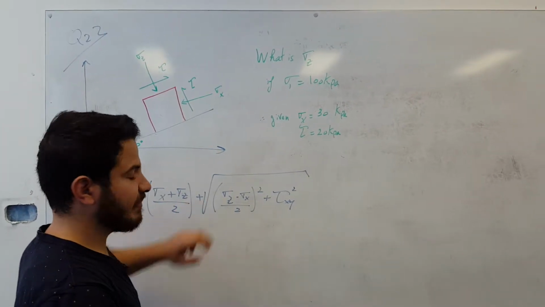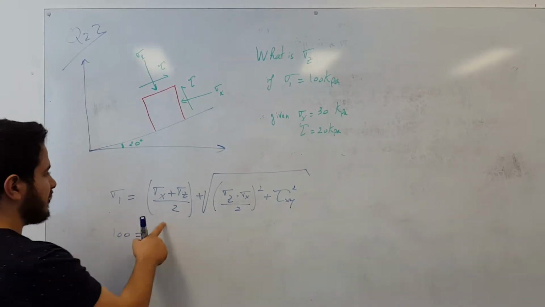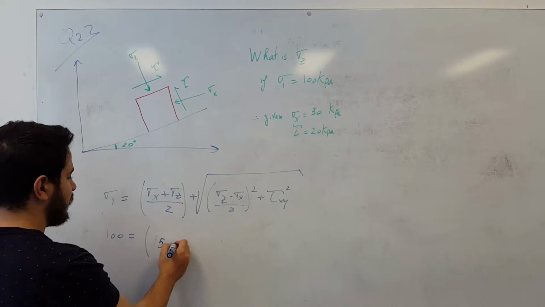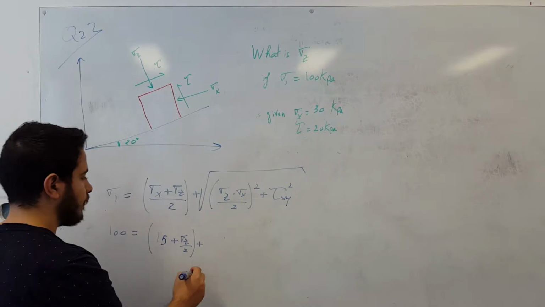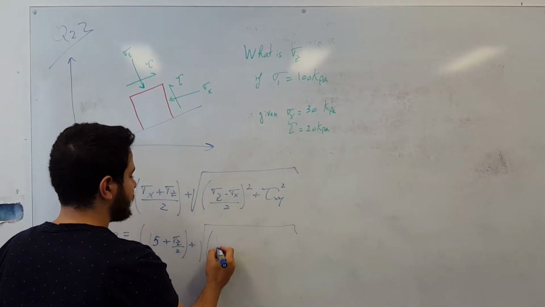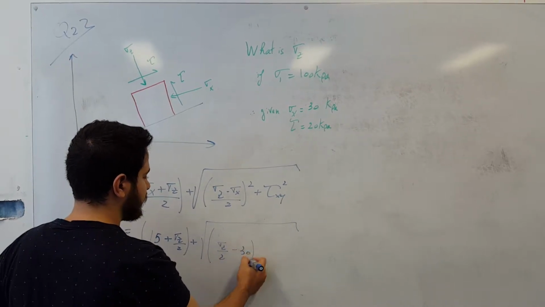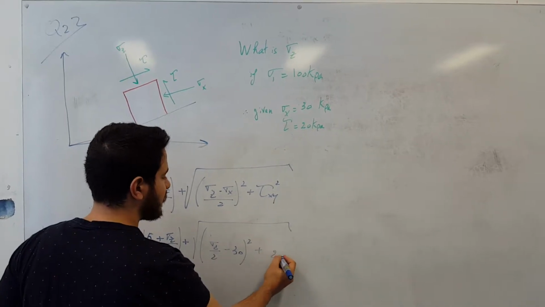The only thing missing is sigma z. So you can say that sigma 1 equals 100, sigma x is 30 over 2, that's 15, plus sigma z over 2, plus the square root of sigma z over 2 minus 30 squared plus tau xy, which is 20 squared.